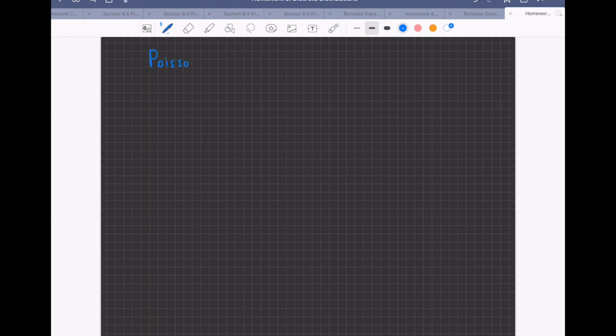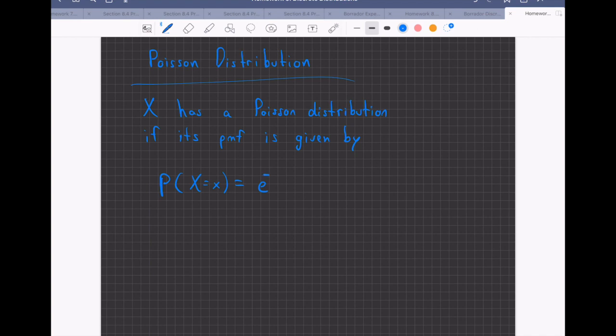One more, the Poisson distribution. X has a Poisson distribution if its PMF is given by: the probability that X equals x is e to the negative lambda, from the exponential function e, times lambda to the x, this symbol is called lambda, divided by x factorial, for x equal to 0, 1, 2, 3, and so on.